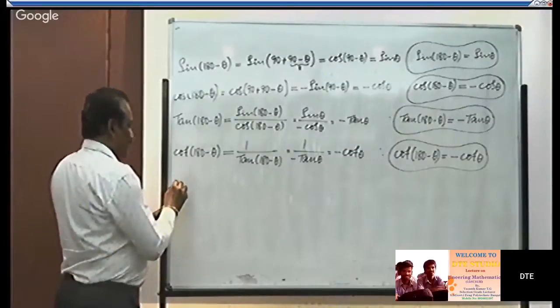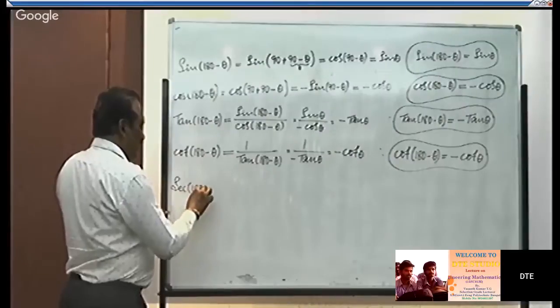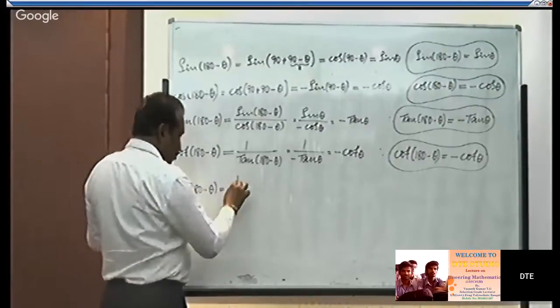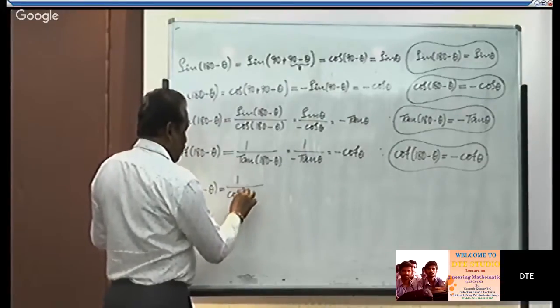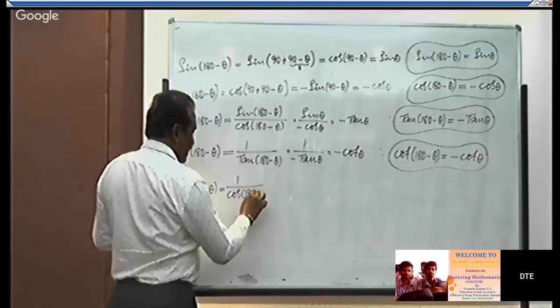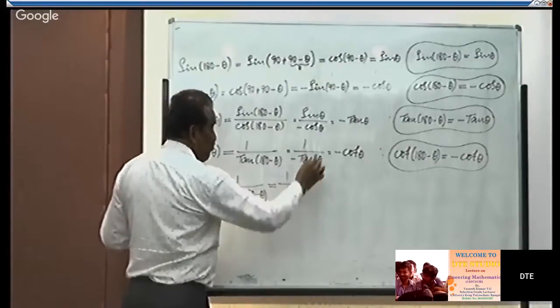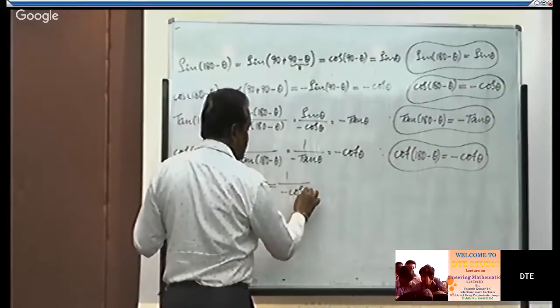Then next one is secant. We know that secant is the reciprocal of cos. It is 1 by cos of 180 minus theta. But we proved cos of 180 minus theta as minus cos theta.